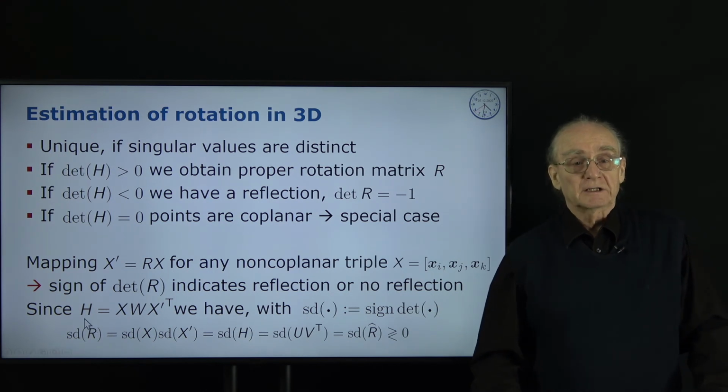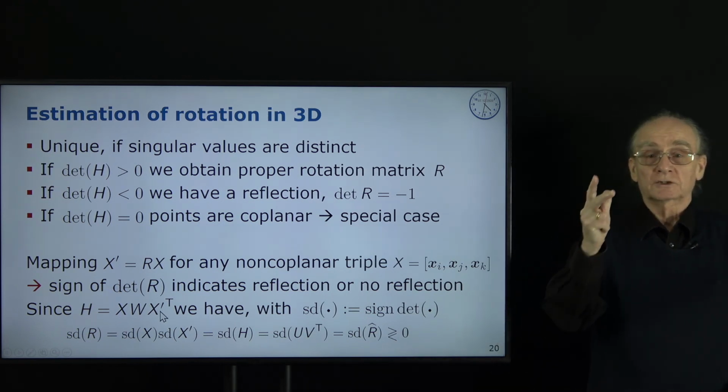Now, actually H is the product of X multiplied with W and X prime transposed. So W is positive, so the sign of the determinant of H is the same as the sign of the determinant of X multiplied with the sign of X prime.